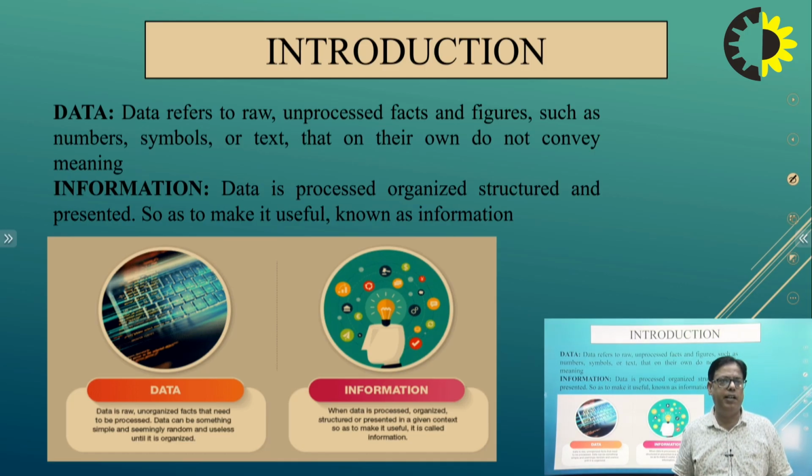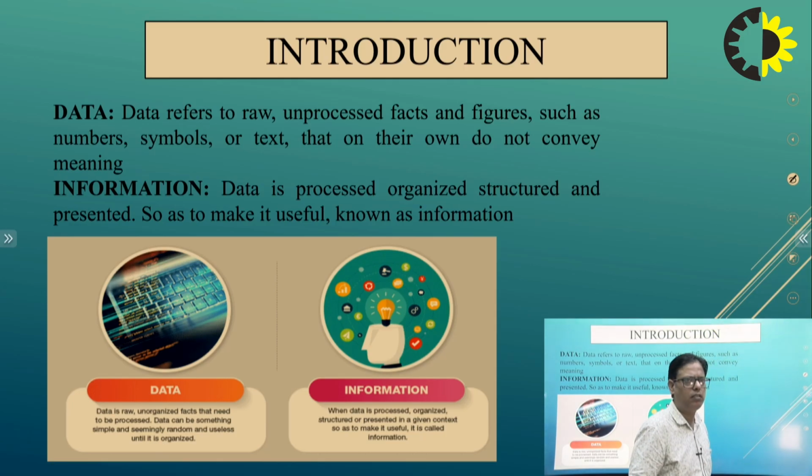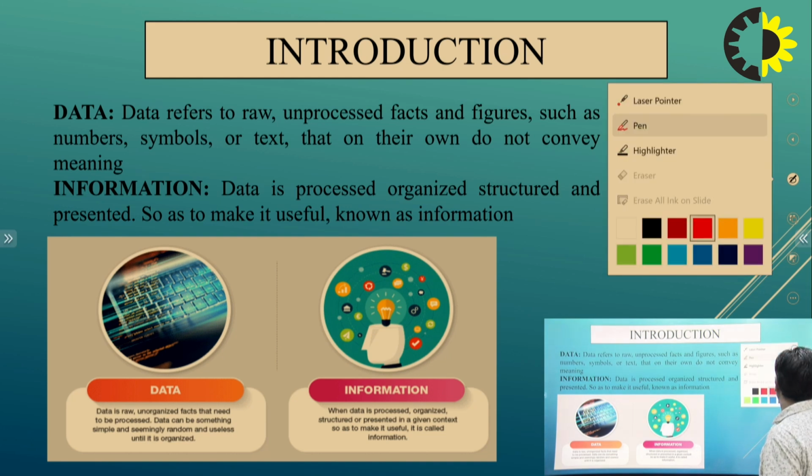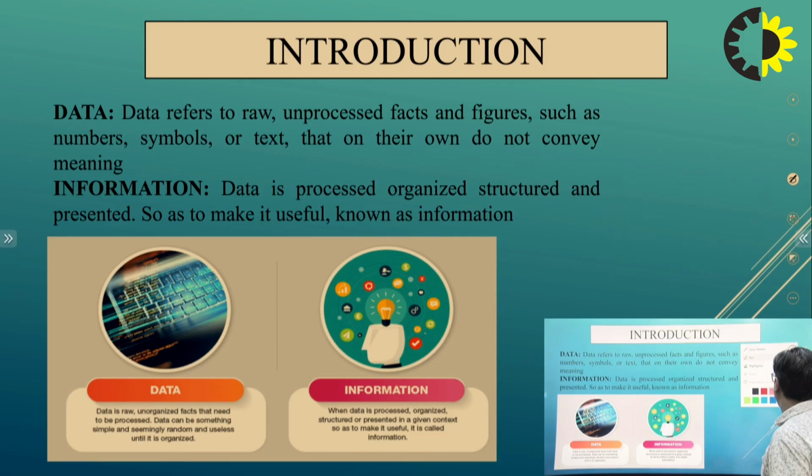First one is data. What is data? Data is a raw fact and figures, known as data. Like this is a number 40. This is also data. Data may be images, data may be numbers, data may be videos. All things related to computers is called data.